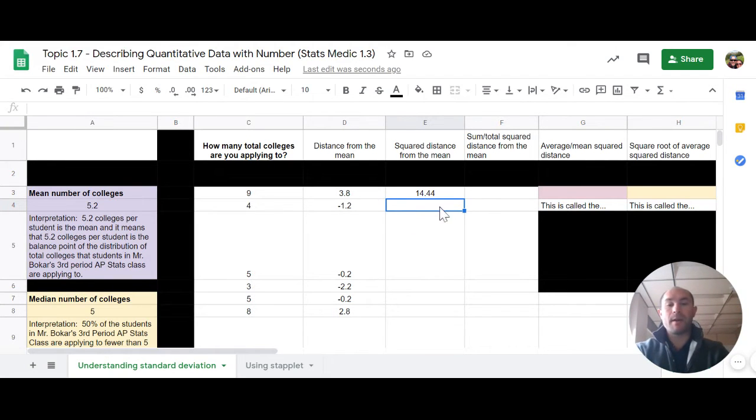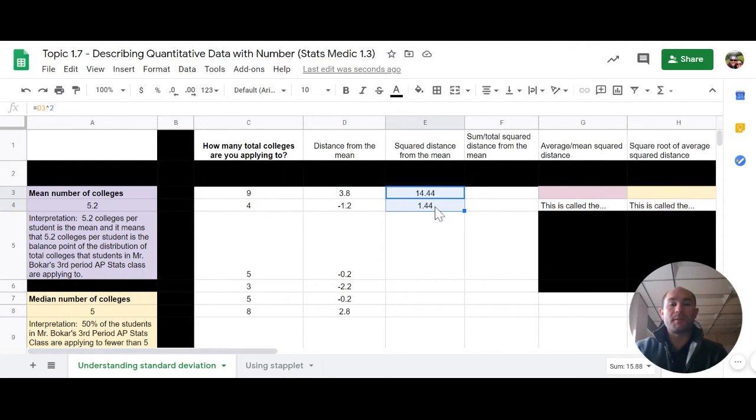And when you square both numbers, you get the same thing, right? 1.2 squared is 1.44, and so is negative 1.2 squared is 1.44. So someone at 4 versus someone at 6.4, one would be 1.2 below the mean, one would be 1.2 above the mean.